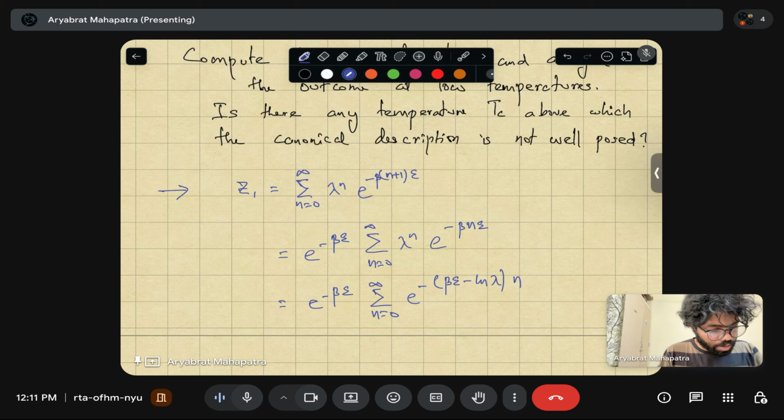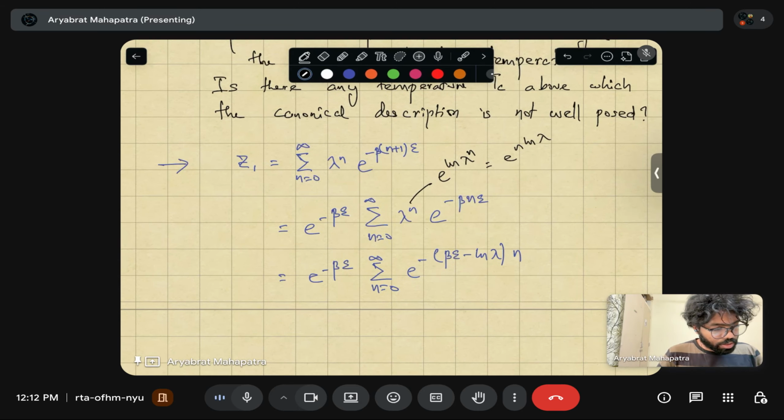Basically I'm writing lambda^n as exponential of ln lambda^n, or exponential of n ln lambda.